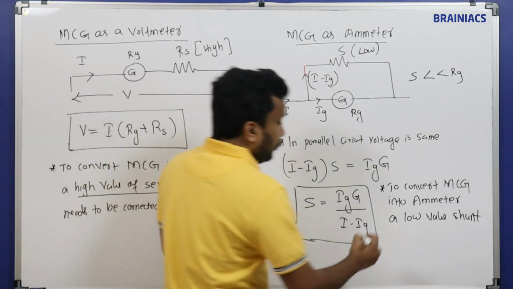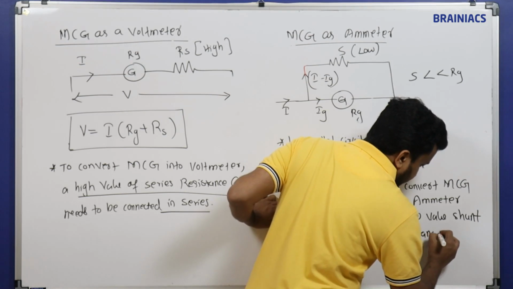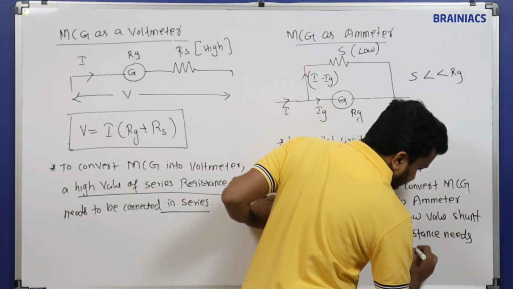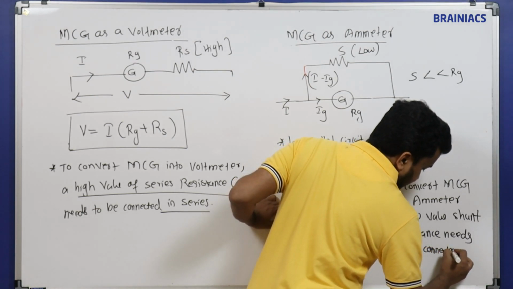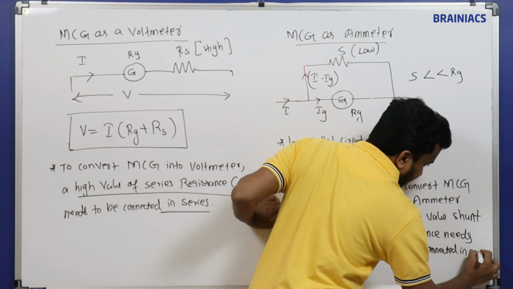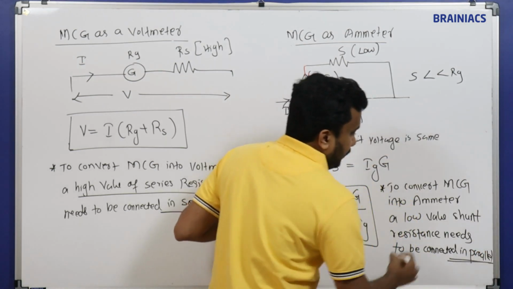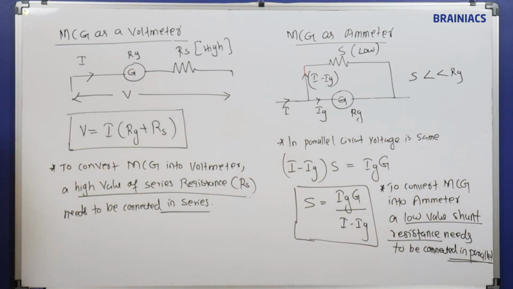A low value of shunt resistance needs to be connected in parallel. Important: not in series, in parallel. A low value of shunt resistance needs to be connected in parallel.